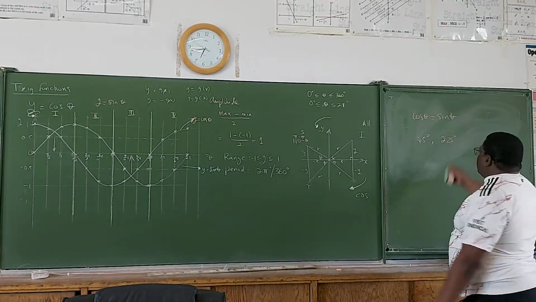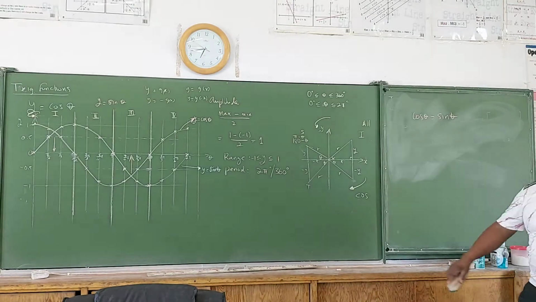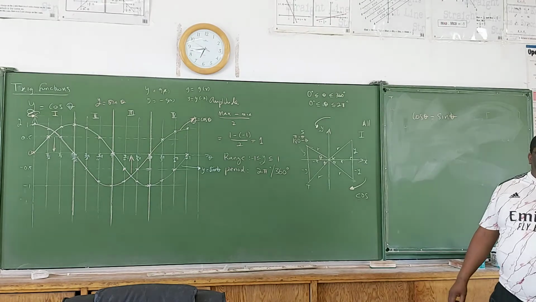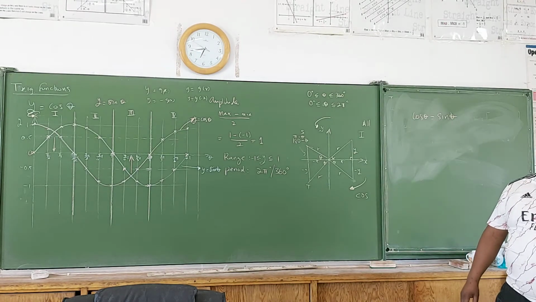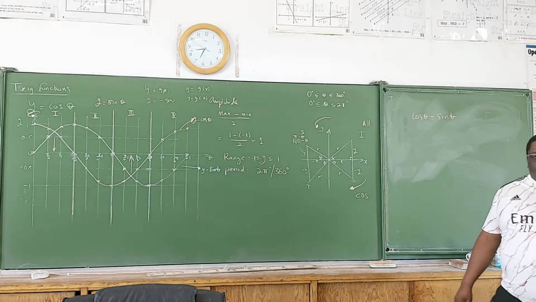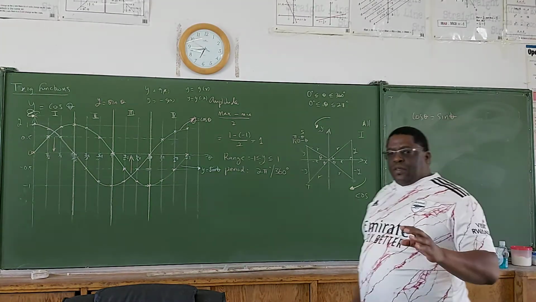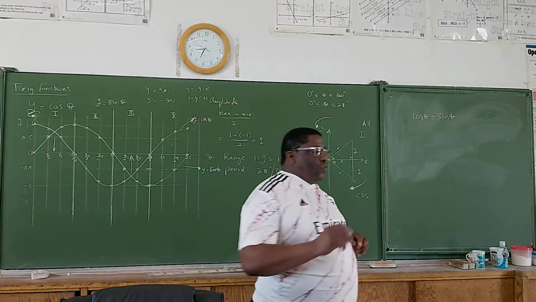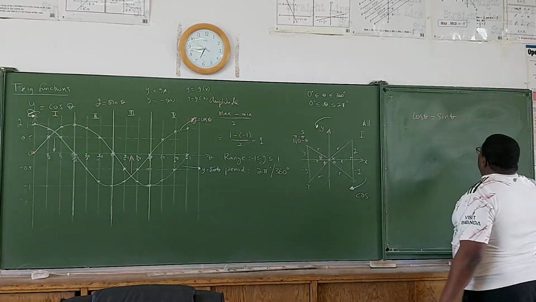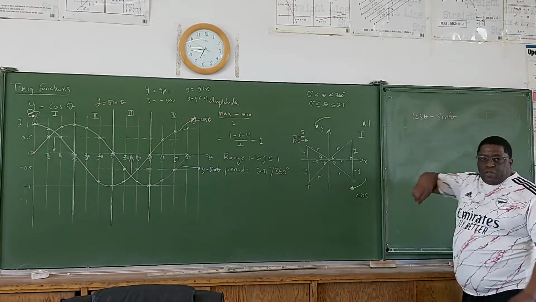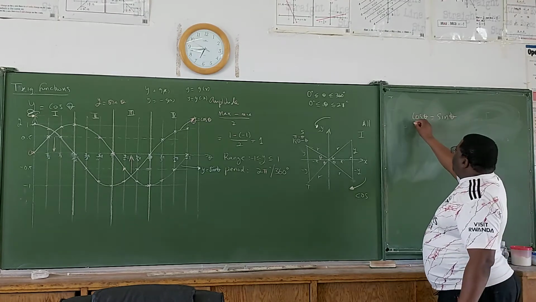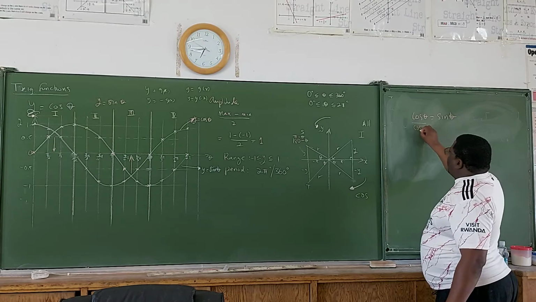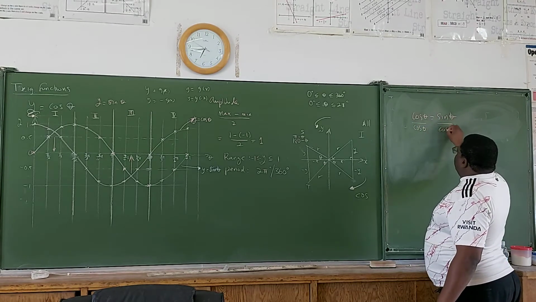Okay. I can show you two ways of solving this. Remember yesterday I gave you the first reciprocal identity. This is what I'm going to do. I'm going to divide both sides by cos theta.